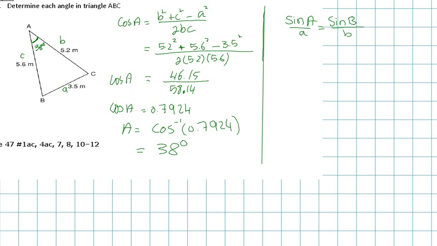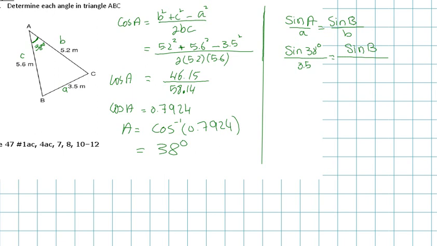We just solved for that. So sine 38 over side A, 3.5, equals, I don't know what angle B is, so I have to leave it as sine B over side B, which is 5.2.